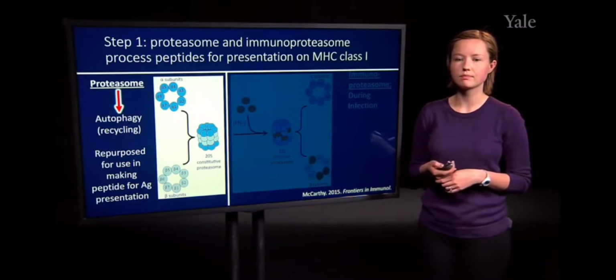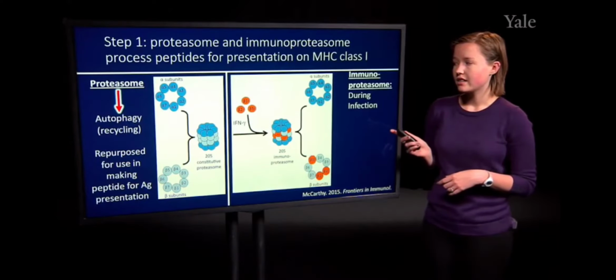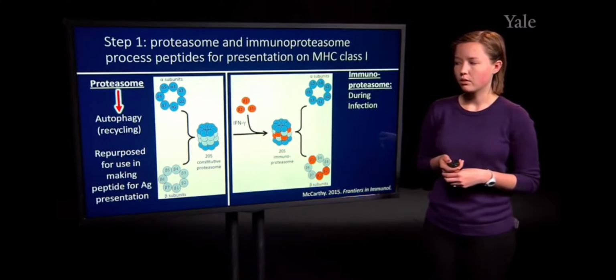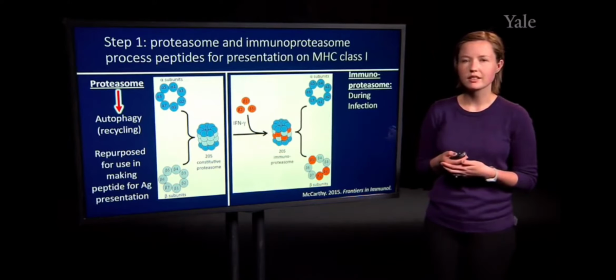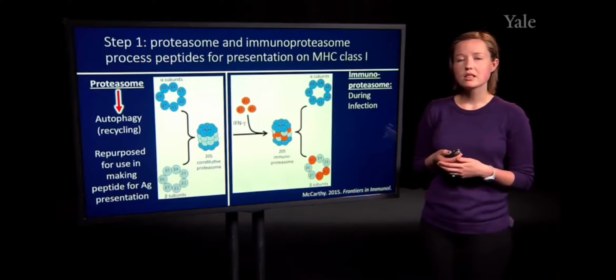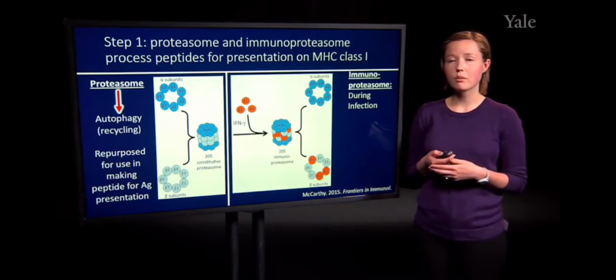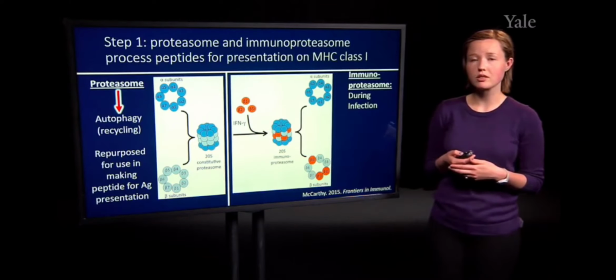And something else I wanted to point out, which we will get into when we talk about immune responses, is that there's actually a specific type of proteasome referred to as the immunoproteasome, which is stimulated during infections.